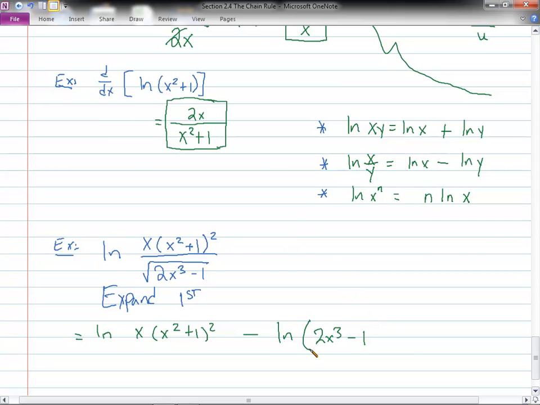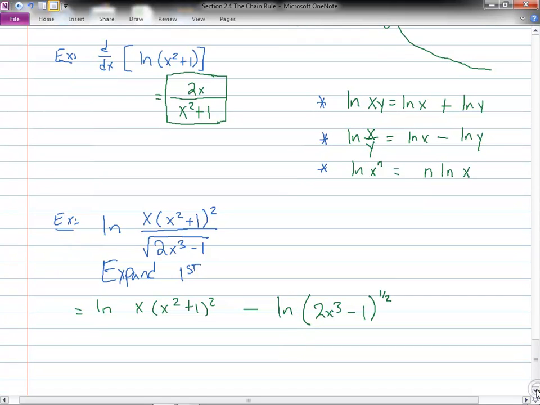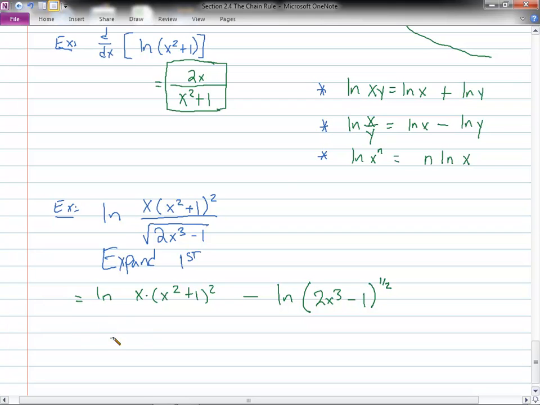Turn it to a fraction, so write it to the 1/2 power. See how I did that? Something over something inside the log is the subtraction of those 2 logs. What about this product right here? Well, I can also use the first rule and write that as the natural log of x plus the natural log of x squared plus 1 squared minus the natural log of 2x cubed minus 1 to the 1/2.